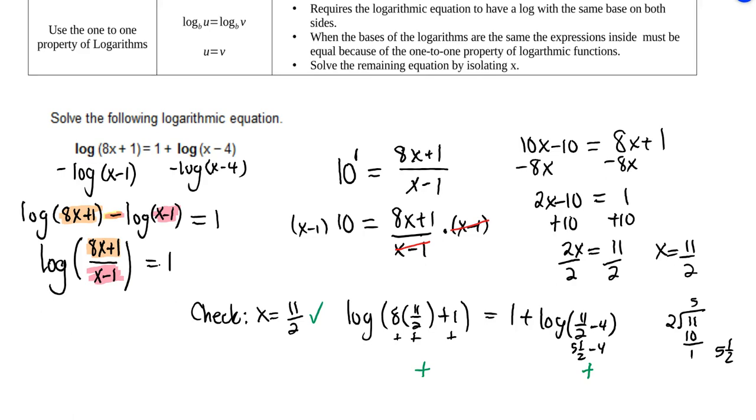So the solution to the equation log of 8x plus 1 equals 1 plus log of x minus 4 is 41 over 2.